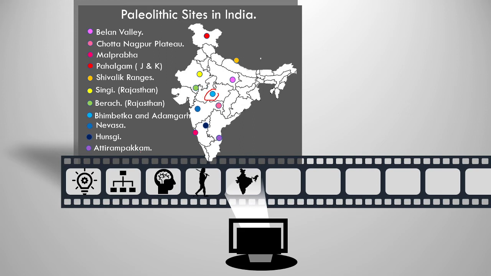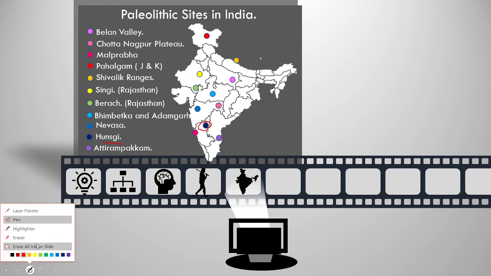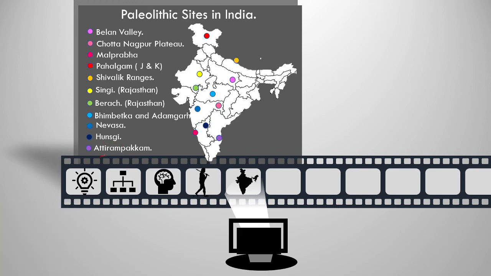Now next comes Nevasa. Nevasa is in Maharashtra, in northeast Maharashtra. And next is Hinsgi. Hinsgi is in northern Karnataka. Now next is Atirampakkam.